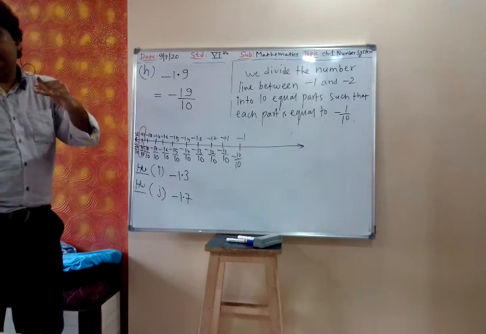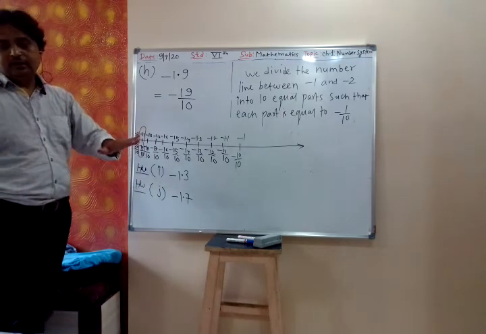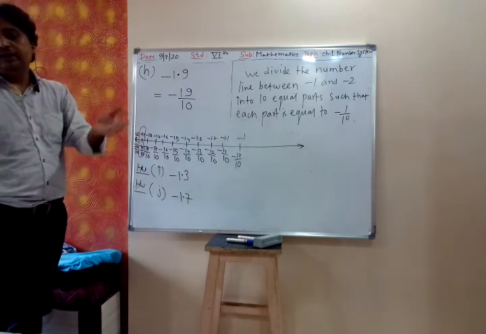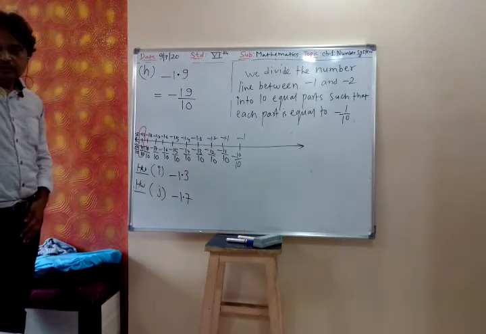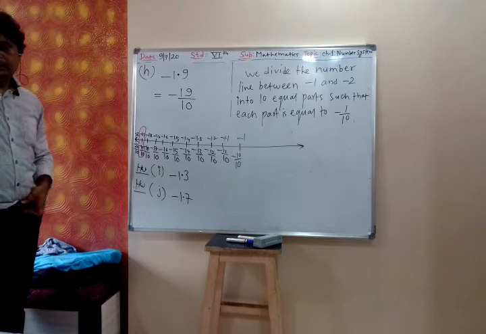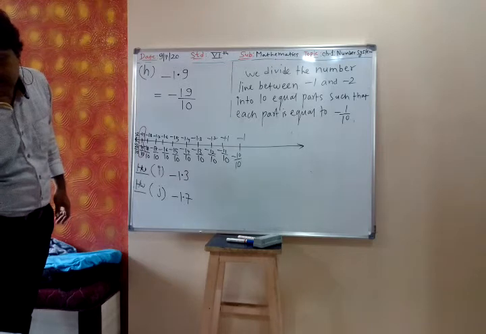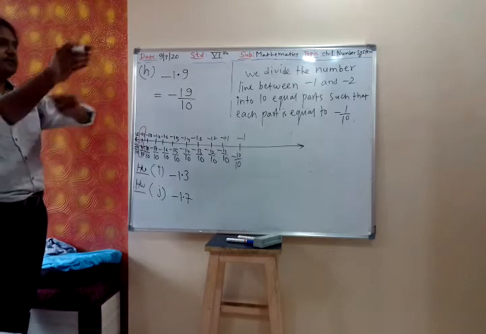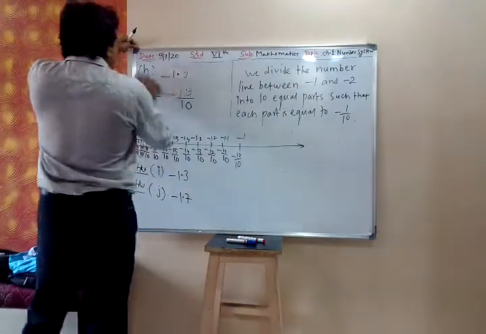This second part is over, up to J. Now we have to do the third one, adding the fractions using the number line. We are going to start the third.